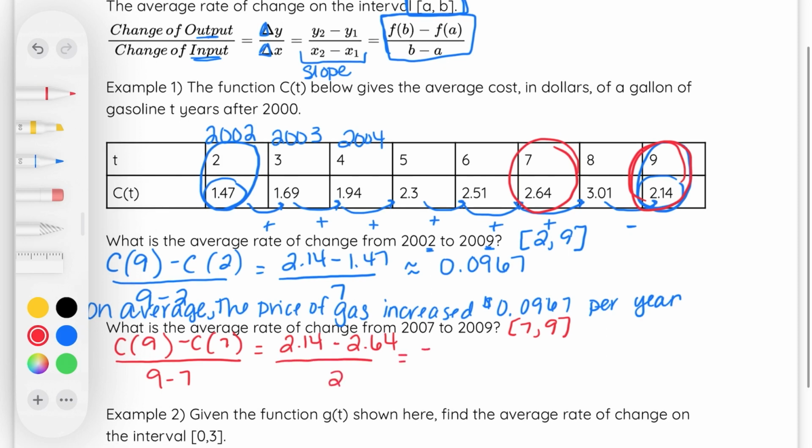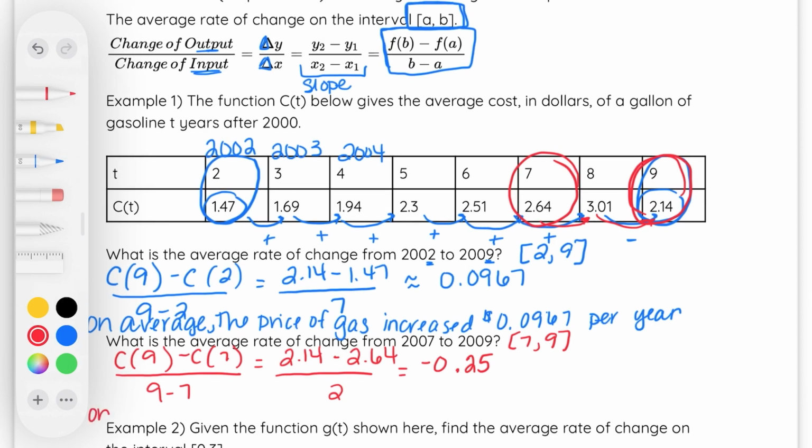In this instance, we actually lost 25 cents, because notice I went from 264 to 301, and then we dropped. So over, what is the average over these two particular years?